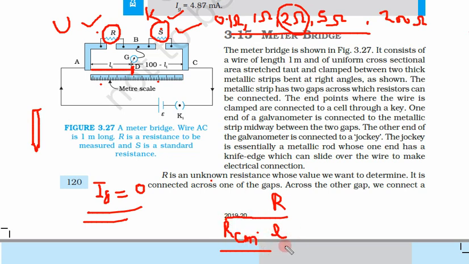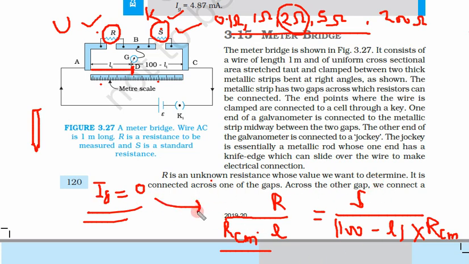So this is the resistance of the wire. Similarly, in balance condition it must be equal to S upon 100 minus L, into the resistance per unit length of the wire. This is the balance condition when Ig, or current in the galvanometer, is 0.